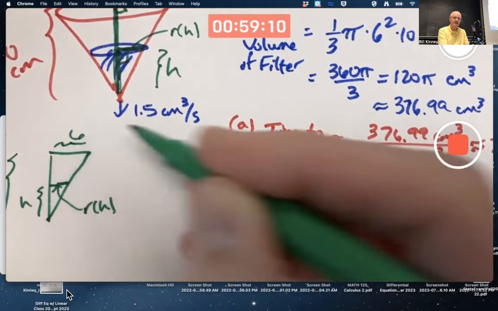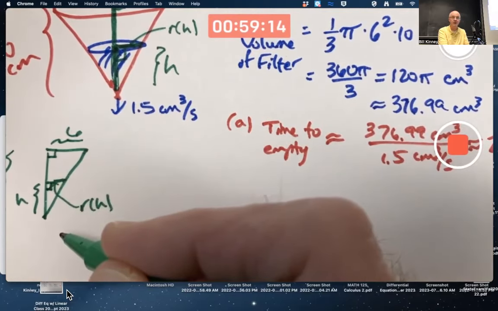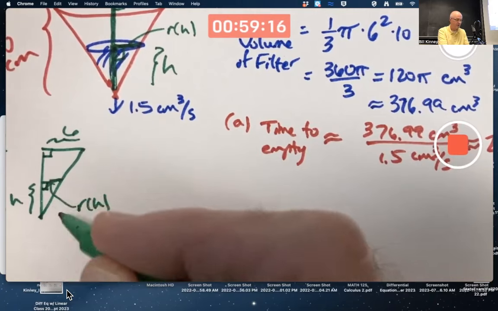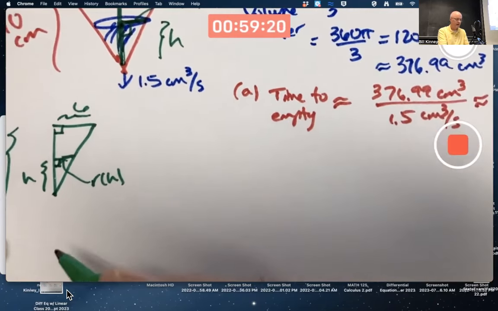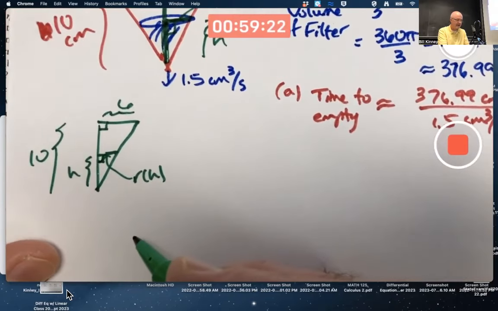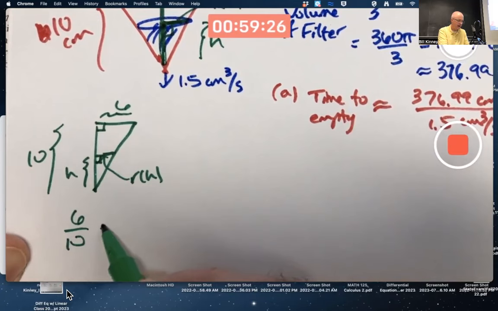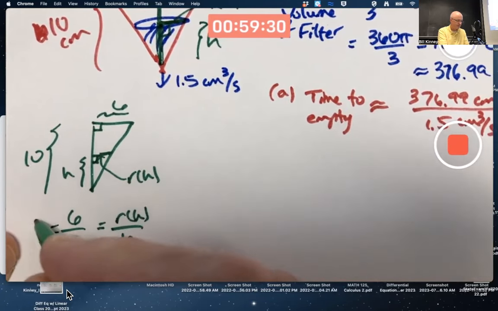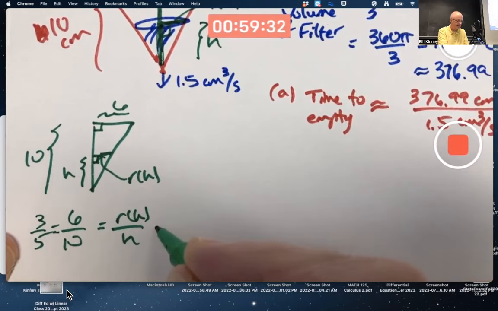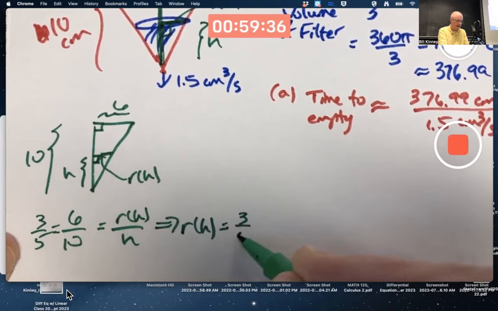This is 6. These two right triangles, the big one and the small one, are similar to each other. They both are right triangles and they both share this angle. By that similarity, you can say the ratio 6 over 10 equals the ratio R of H over H. This reduces to 3/5. You can solve this equation for R of H. It's 3/5 H.